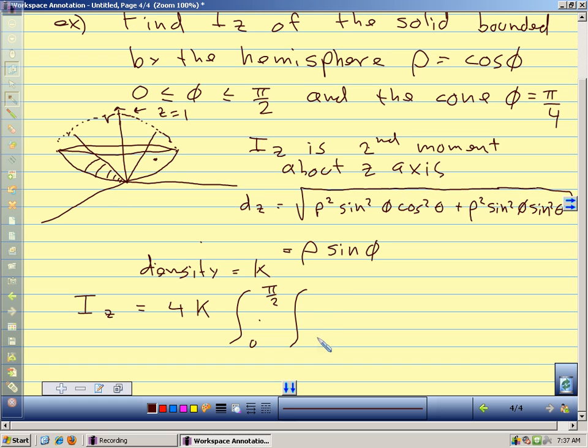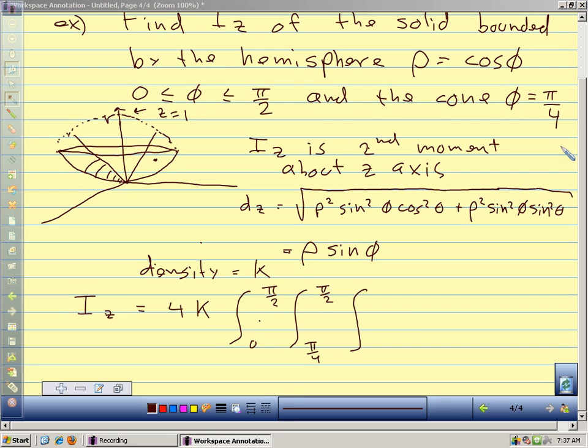So phi goes from pi over 4 to pi over 2. That's probably one of the trickier things with spherical coordinates: phi starts at the positive z-axis and goes to the negative z-axis, from 0 to pi.